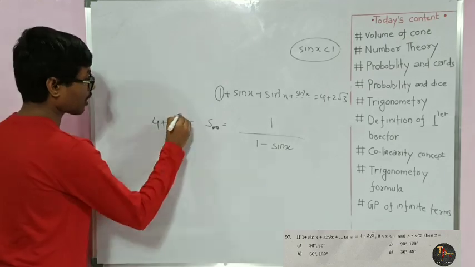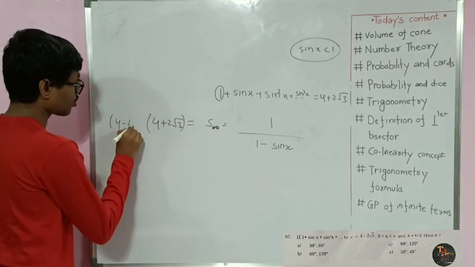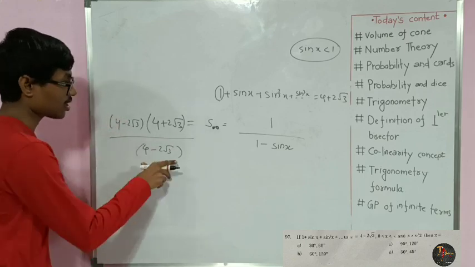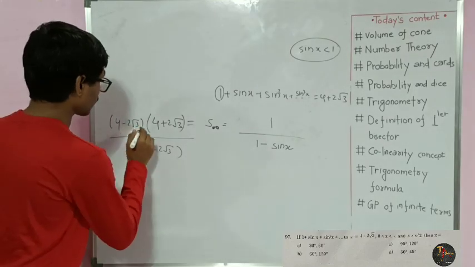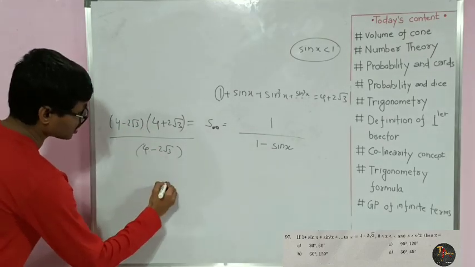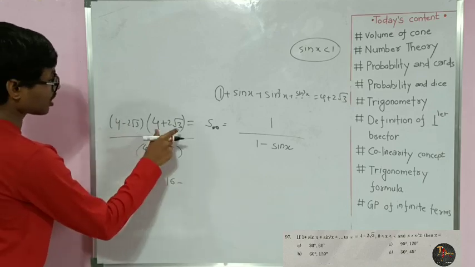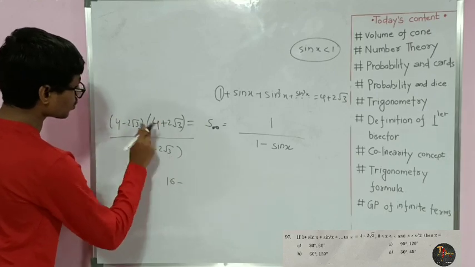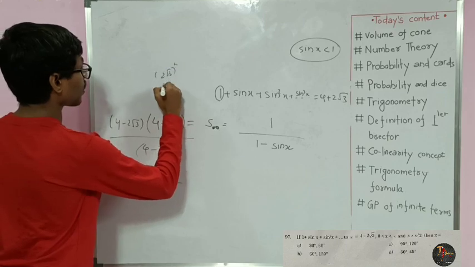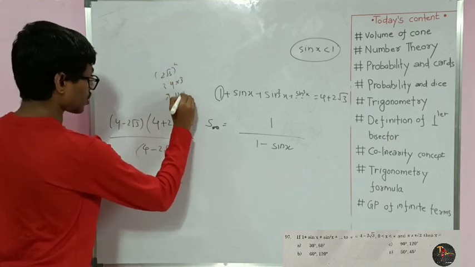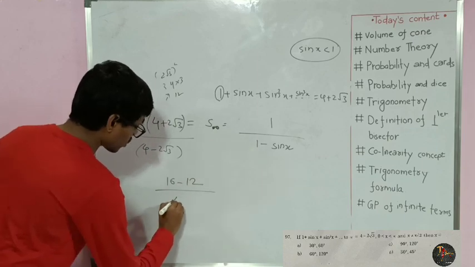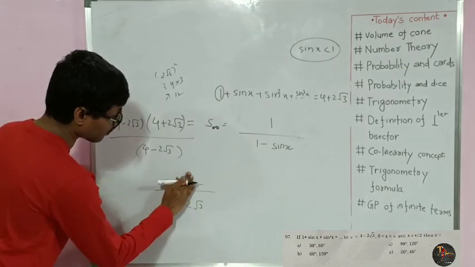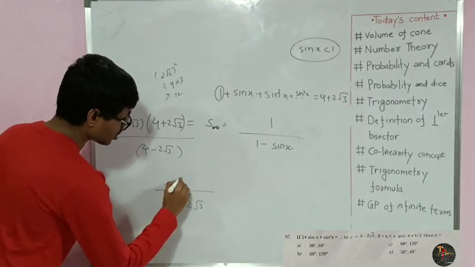Now if I multiply this by its conjugate, 4 minus 2 root 3, in numerator and denominator, then I will get 4 square minus 2 root 3 whole square. 2 root 3 square is 4 into 3, which is 12. 16 minus 12 is 4, divided by 4 minus 2 root 3.